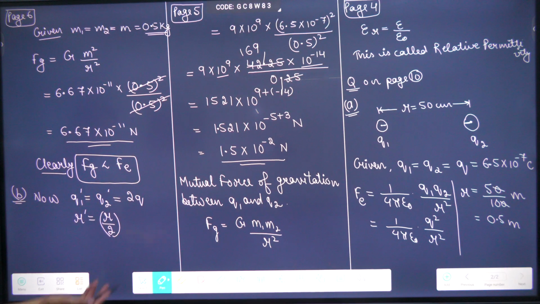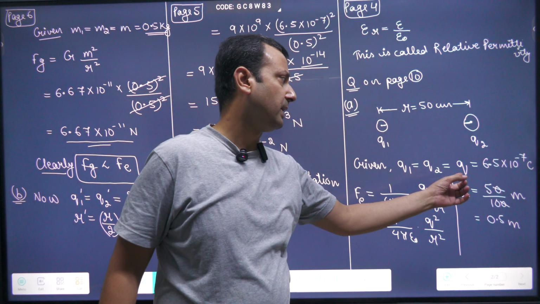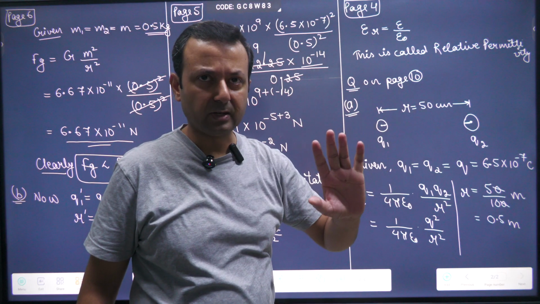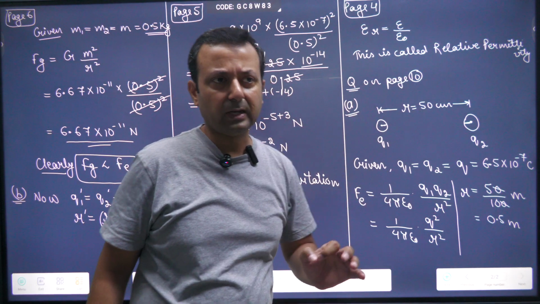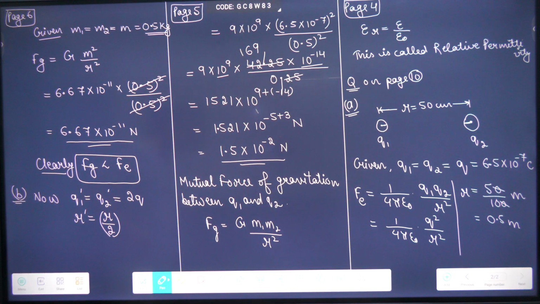I am not writing any value. You can say that it is 2Q, then we can do like this, 2 into 6.5 into 10 to the power minus 7. We can do that, but let's wait for some time. I will show you how to do it more efficiently. So when they are saying that the charge is getting doubled, we are taking it as 2Q. When they are saying that distance is getting halved, then we are taking it as R by 2.